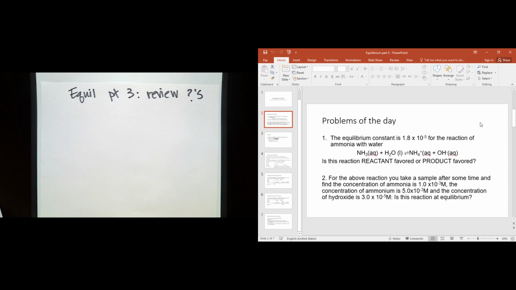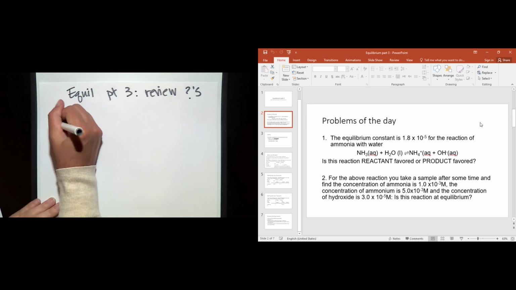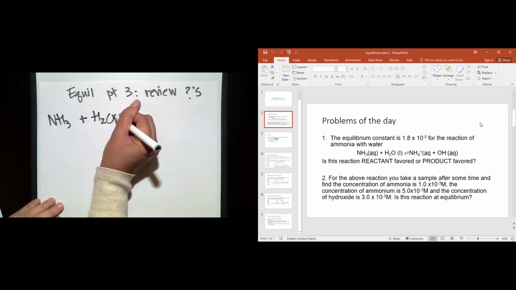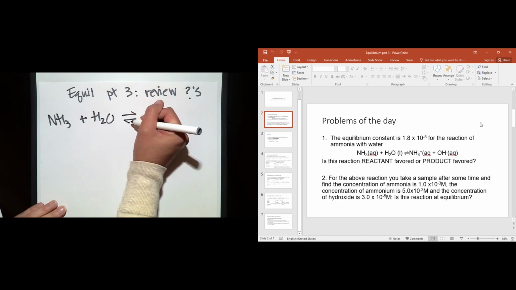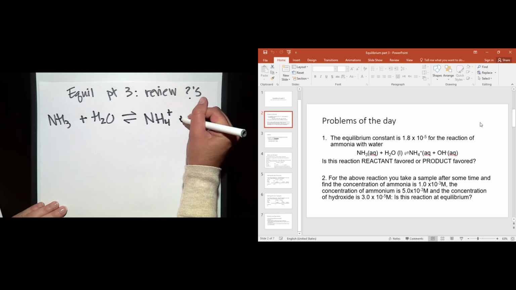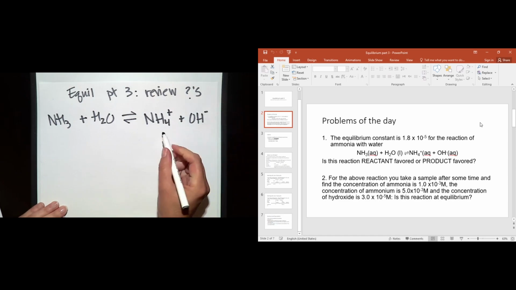Okay, so we're given a balanced reaction and we're given an equilibrium constant value, and we're asked, is the reaction reactant favored or product favored? We're given NH3 plus water forms ammonium and hydroxide.